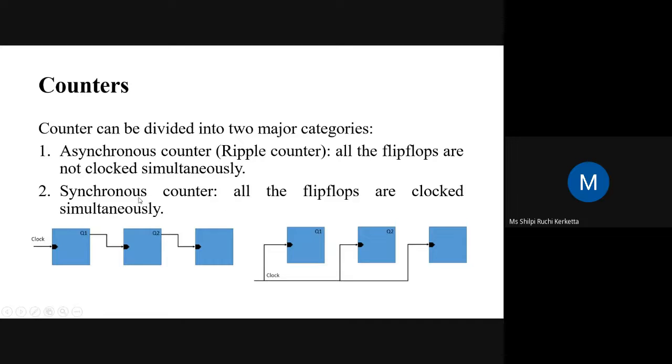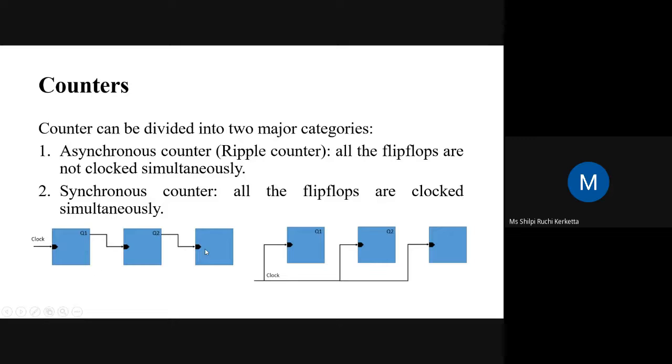Synchronous by name, we will know that it is in sync. Everything is the same. So a synchronous counter has the same clock, and asynchronous means all flip flops are not clocked simultaneously, meaning it has different clocks. In asynchronous, we give the clock to the first flip flop, and the output Q from it we give to the next flip flop as a clock.